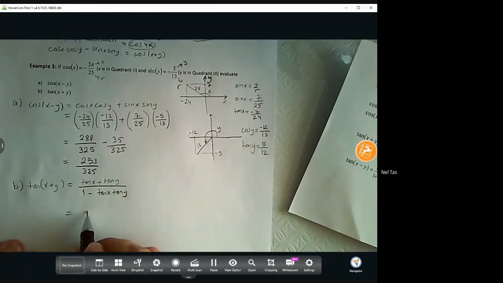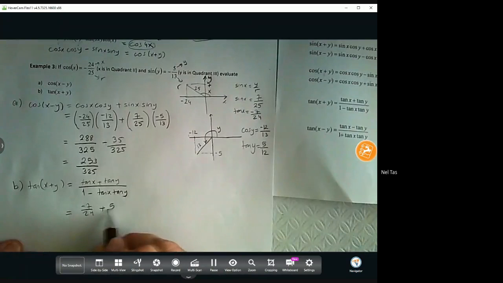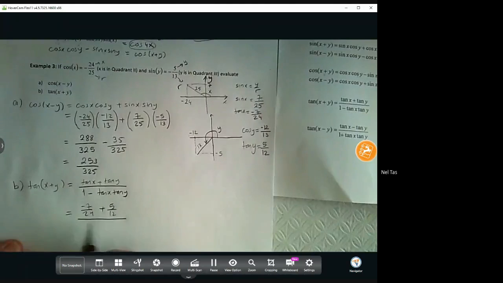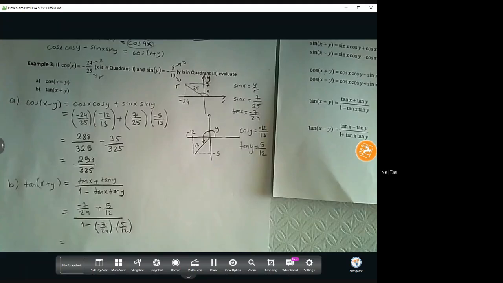So we get here negative 7 over 24 plus 5 over 12, over 1 minus negative 7 over 24 times 5 over 12. Have a common denominator here.